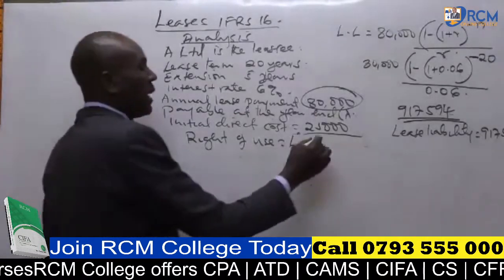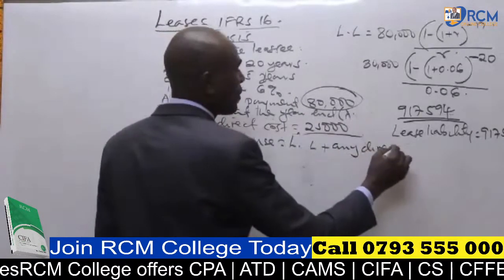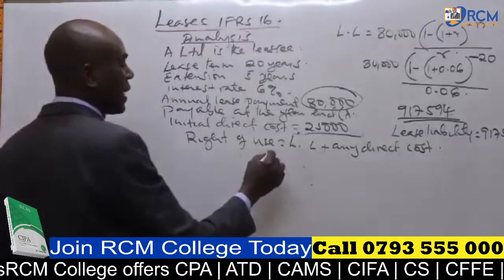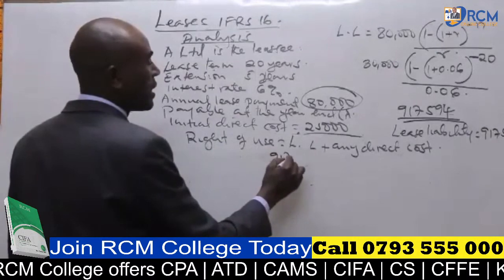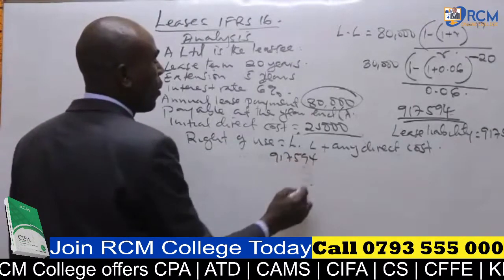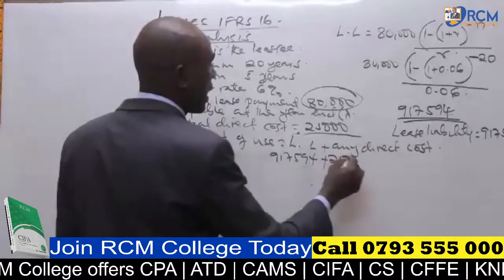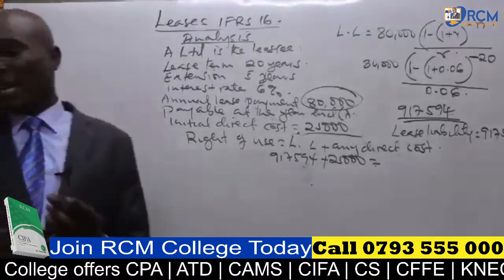Therefore, in this one, we add any direct cost. The right of use, therefore, I will take 917,594 plus 25,000, because I have initial direct cost.